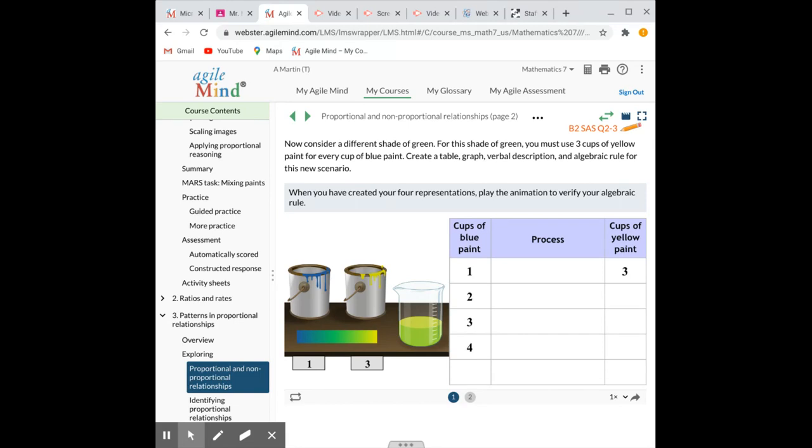The only difference is that instead of 2 cups of yellow paint, how many cups of yellow paint do we have now? 3. All right, I want to give you about 5 minutes to see what you can get answered, so do that now.